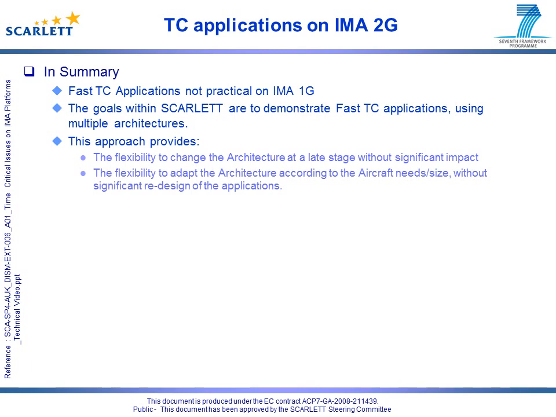The approach being developed within Scarlett will provide the flexibility to change the architecture at a late stage without significant impact, and the flexibility to adapt the architecture according to the aircraft needs and size without significant redesign of the applications.